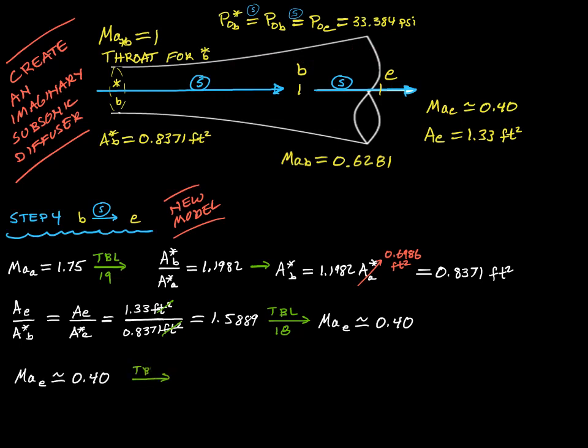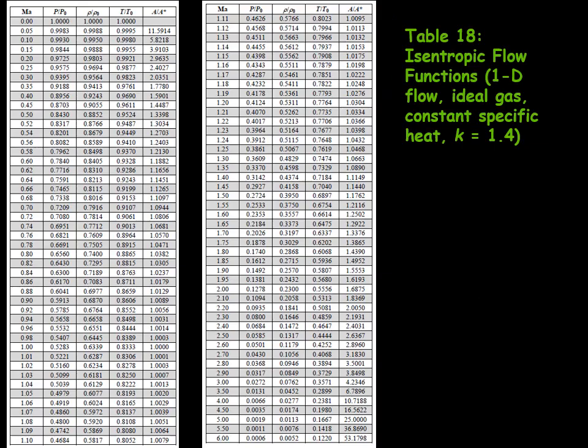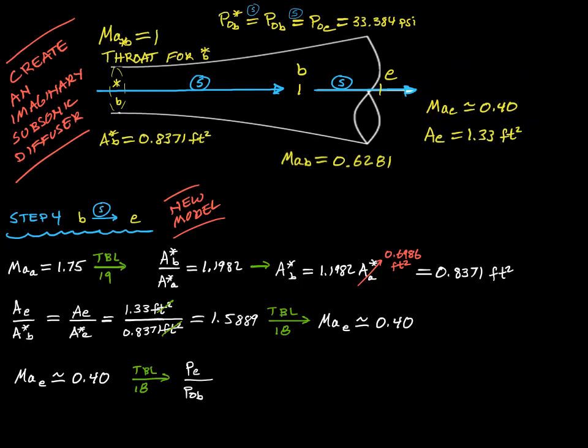With that Mach number of 0.4, we can take that again into table 18 and calculate the pressure at the exit, which is what we're asked to do for this problem. Back into table 18, there's our Mach number of 0.4, and this time we're interested in our pressure ratio of just under 0.9, so 0.8956 is our pressure ratio, the static pressure to stagnation pressure ratio.